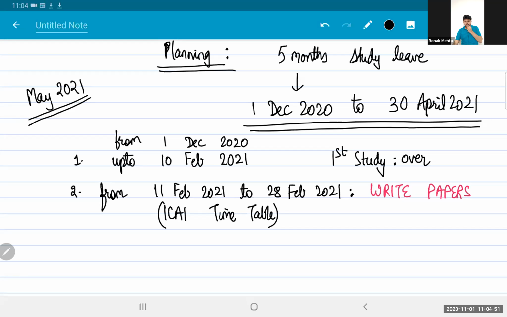The second advantage of writing the paper in this time span of February is that you will get time to rectify yourself and you will get enough time for revision. Because the third thing is, from 1st March 2021 to 30th April 2021, you will revise the syllabus.